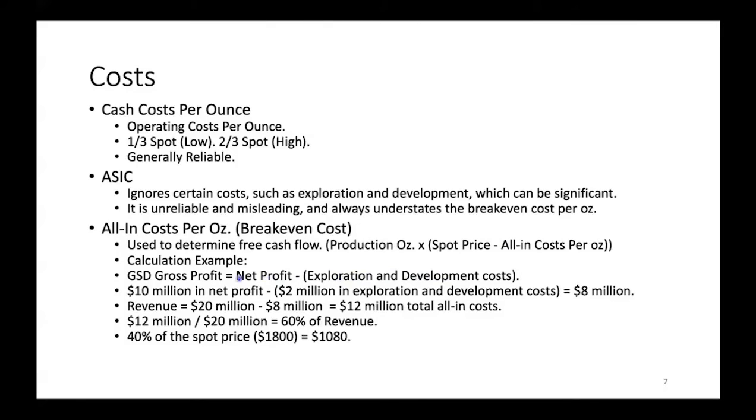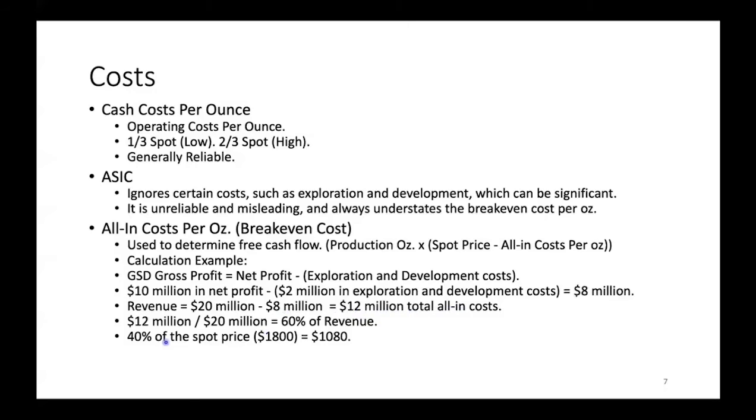And then I come up with my gross profit. So I have 10 million in net profit minus exploration 2 million equals 8 million. So my gross profit is 8 million. Then I have my revenue, which is 20 million, minus the gross profit equals the all-in cost, which is $12 million.